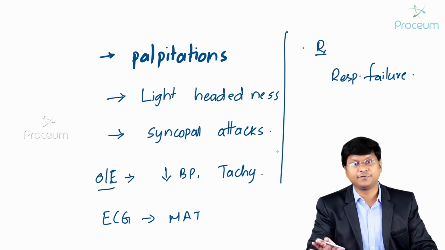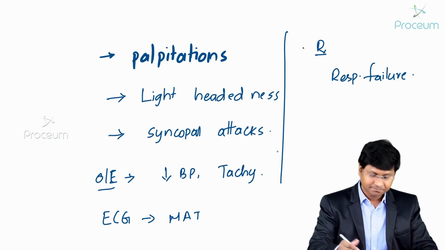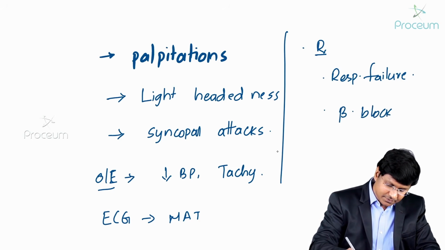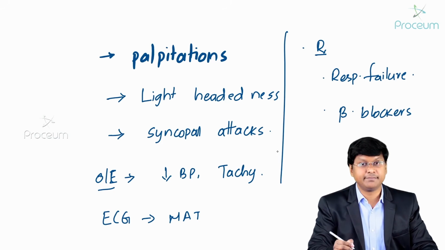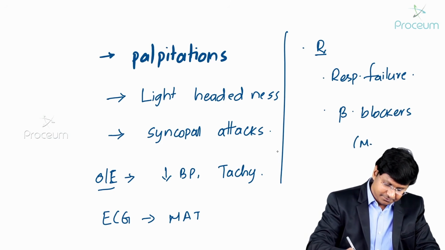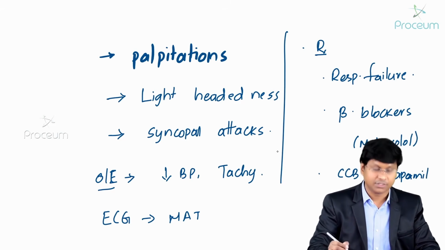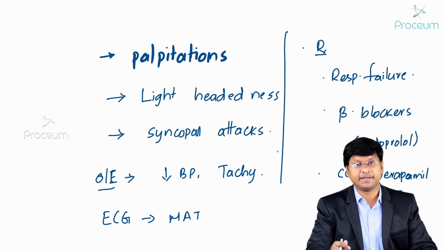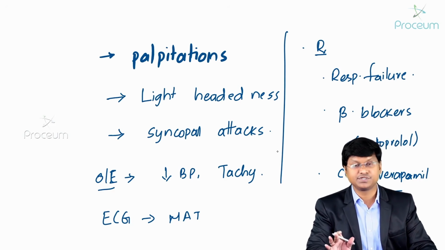Cardioversion may not be helpful due to hypoxia, and the treatment includes beta blockers, examples being metoprolol, and calcium channel blockers, which include verapamil. So metoprolol as well as verapamil are the drugs that can be given in the treatment of patients with MAT.